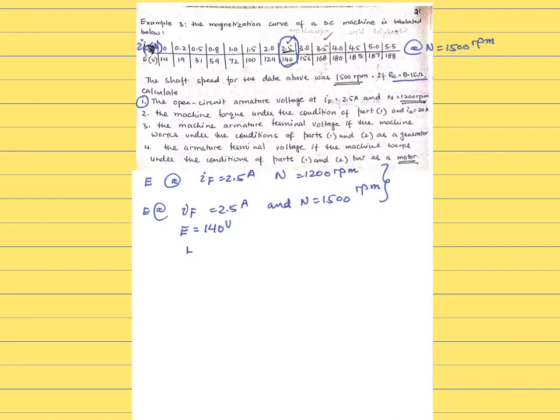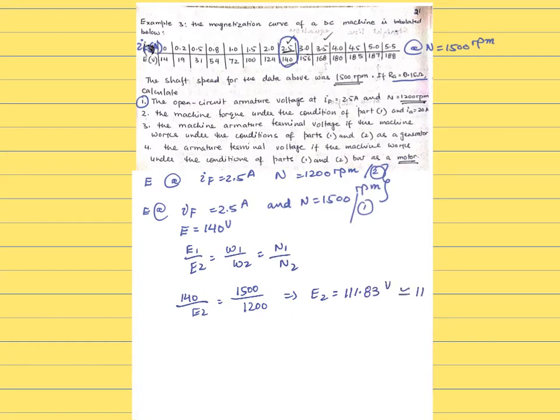So we're going to use this relationship: E1 over E2 equals omega 1 over omega 2 equals N1 over N2. Let's consider the first as 1s and the second as 2s. So E1 is 140, E2 is not known, equals N1 of 1500 RPM over N2 of 1200 RPM. That gives you the value of E2 as 111.83 volts, approximately 112 volts.